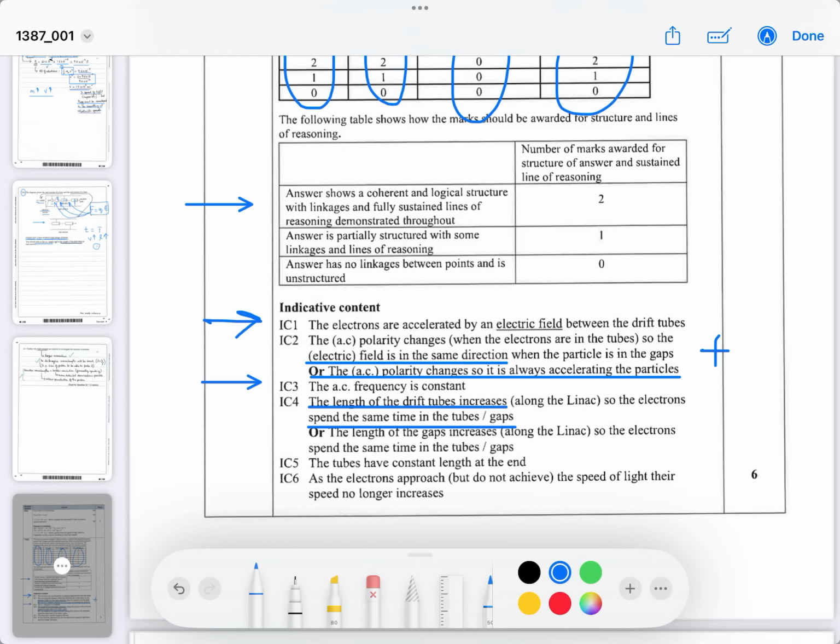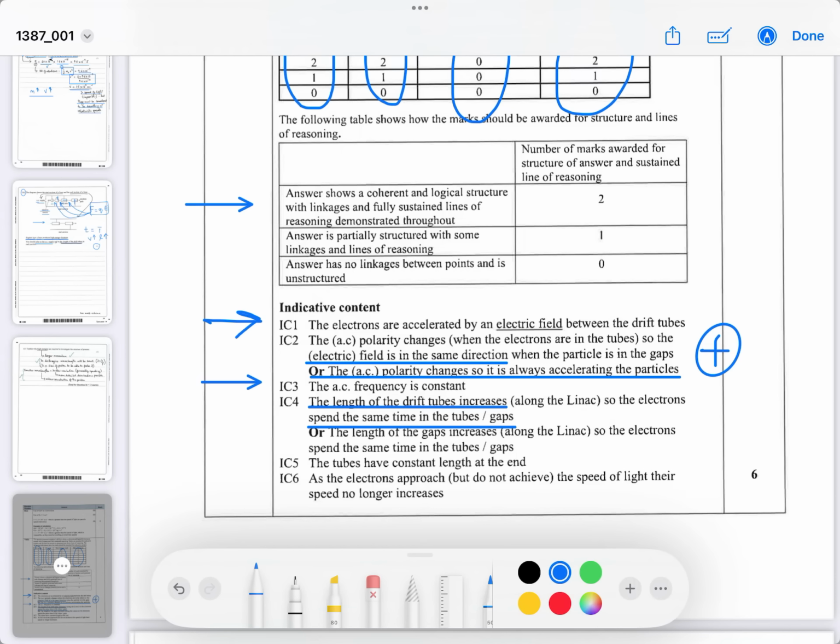So as soon as they come out, the polarity has flipped, and it will always be positive when it's in front of the electrons.